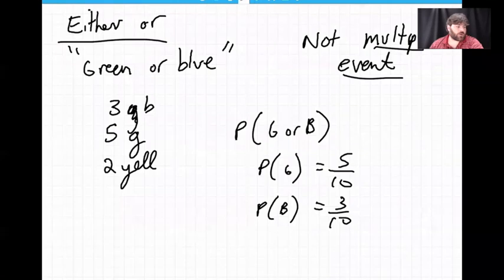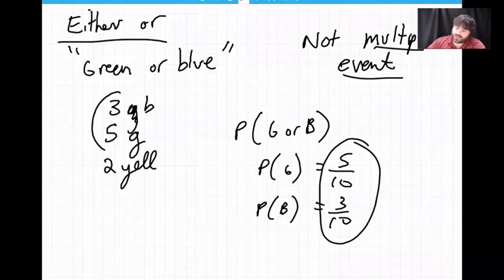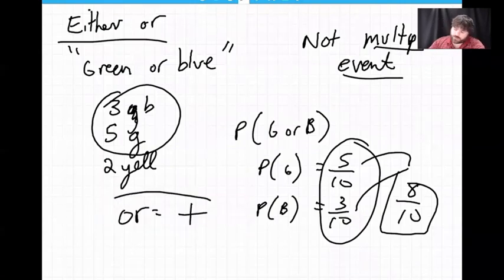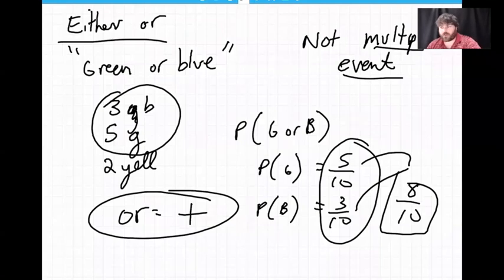If I say green or blue, I'm cool with either one. So that means I have a better chance now because I have 2 different options. So I have more to choose from. So how many total? Well, there's 8 candies that are green or blue. So really, it's going to be 8/10. Well, how did I get that? I add these 2 probabilities together. So when you hear or with probability, you should always remember to add them together. Okay.